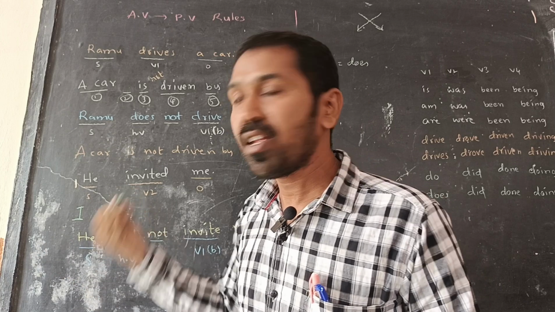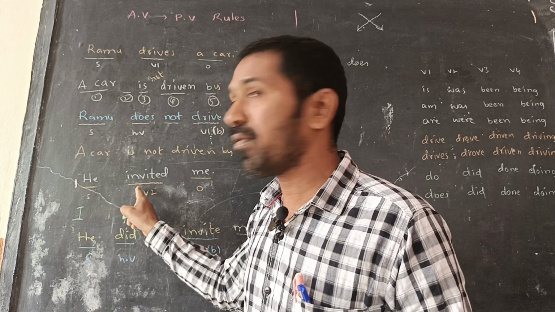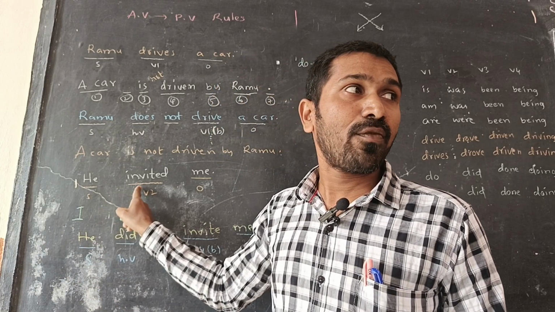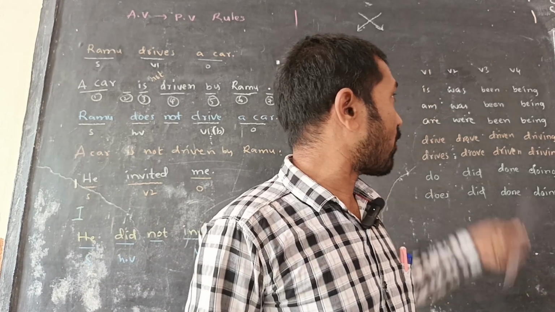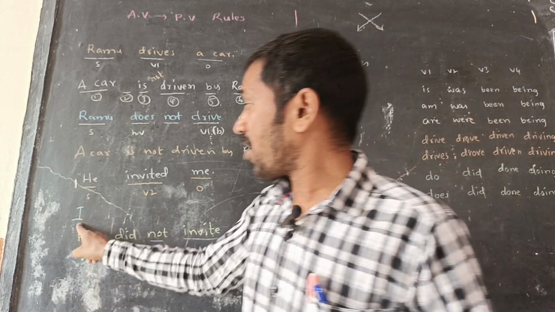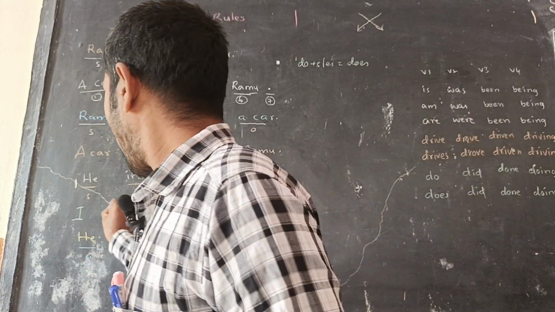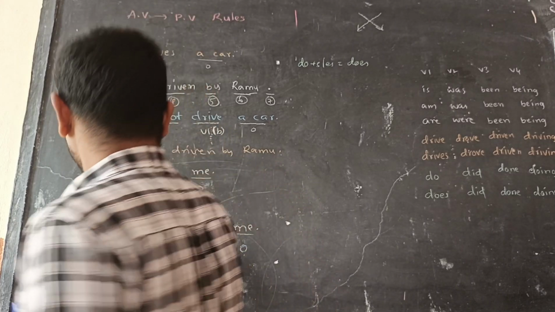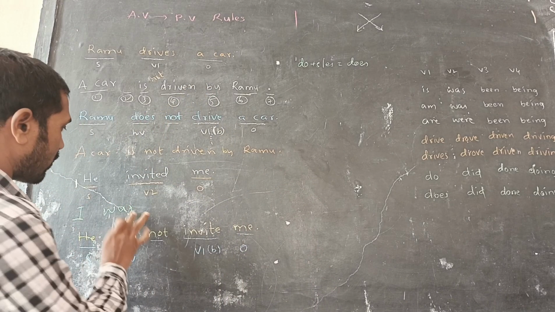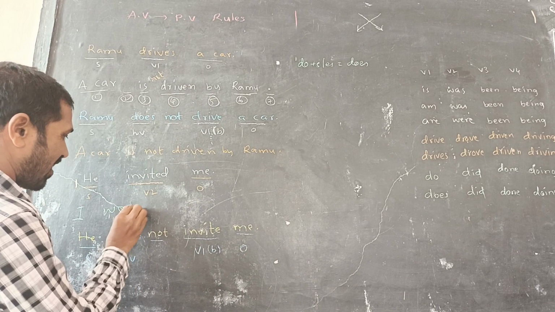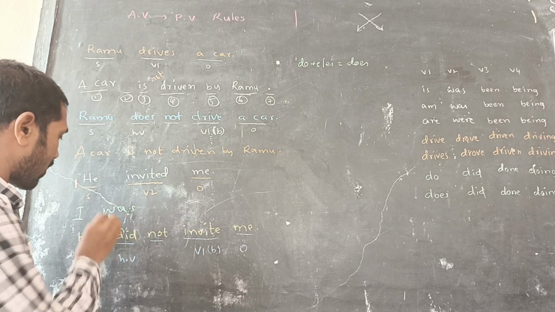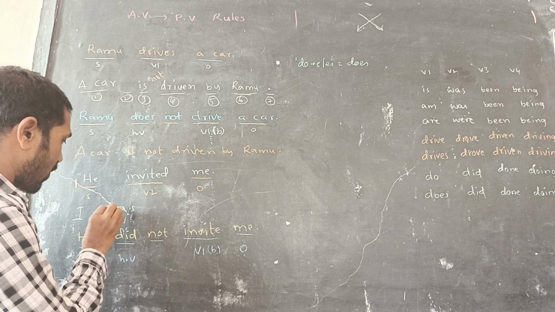Not there. Not there means leave. The next what we have to do is V2 form. V2 form means what helping verbs we have to take in passive voice? Was or were. I is a singular. So use was.